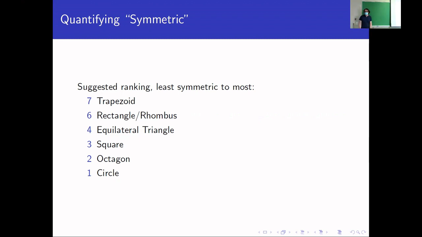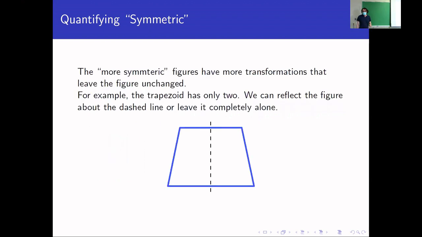So tell me why the circle is. Okay. I'm glad you asked. What I meant by more symmetric is a figure is more symmetric if there are more transformations that leave the figure unchanged. So the trapezoid that I ranked least symmetric, I guess you could say it has just one.